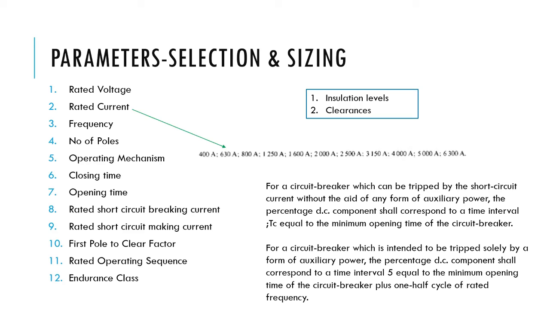If any one pole is operating, here pole is nothing but phase, all the other two poles will also operate. Coming to the next one, the individual pole operation: we have three poles R, Y, B, and each one operates separately. Suppose a fault occurs in the R phase, only the R phase breaker trips, and if a fault occurs on the Y phase, only the Y phase breaker trips.